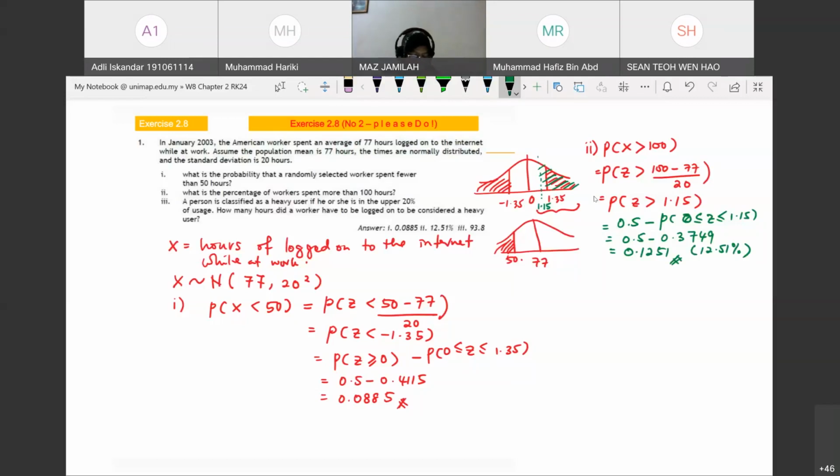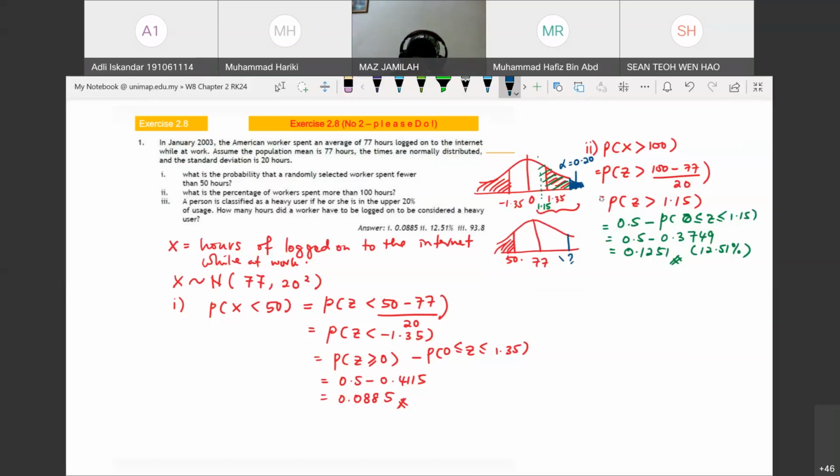The last one: a person is classified as a heavy user if he or she is in the upper 20% of usage. Upper 20% means you are referring to this area, whereby alpha is 0.20. So what would be the number of hours here?